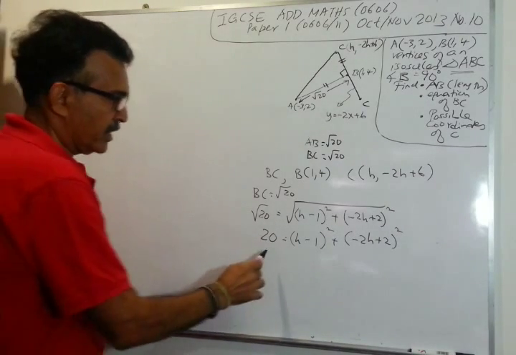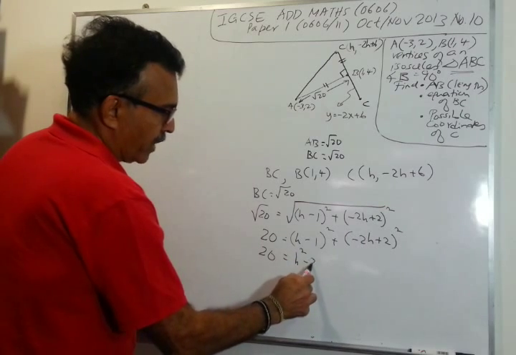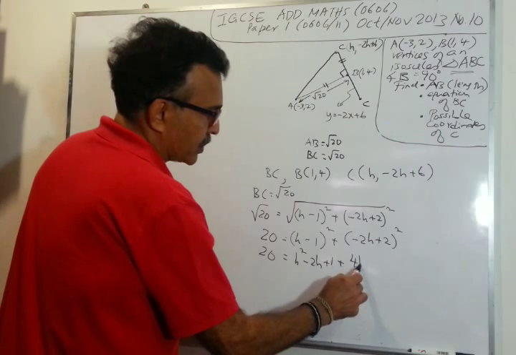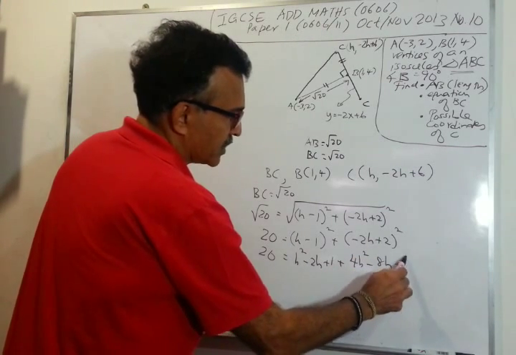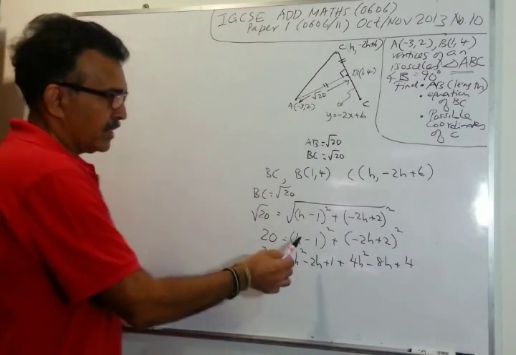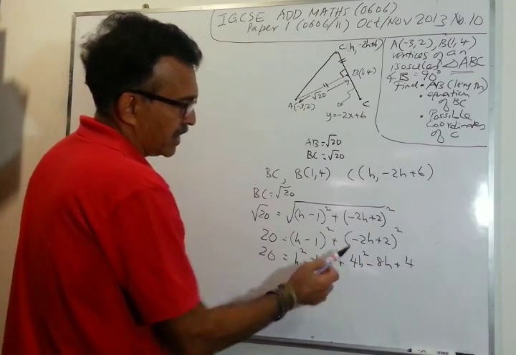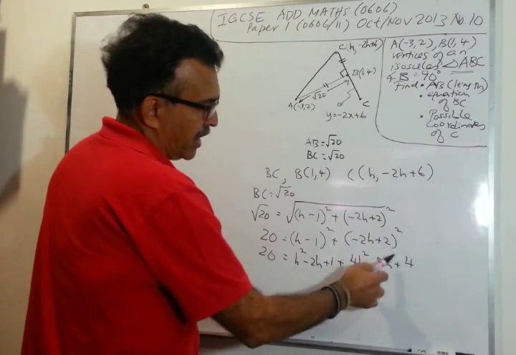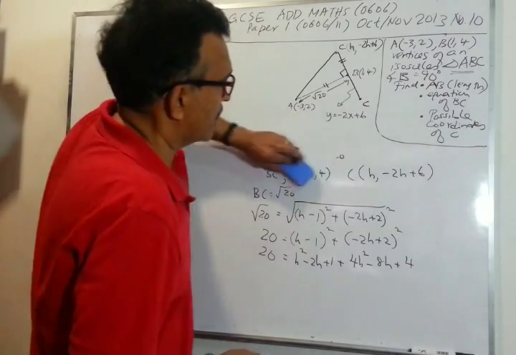Good. So let's clean that up. 20 equals h squared minus 2h plus 1, plus 4h squared minus 8h plus 4. Just expanding.